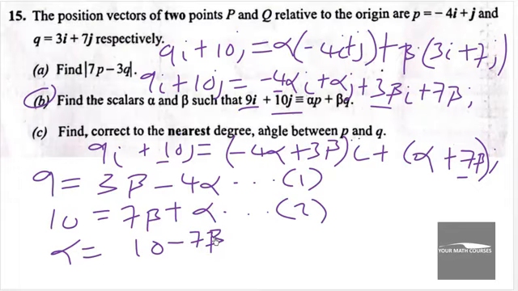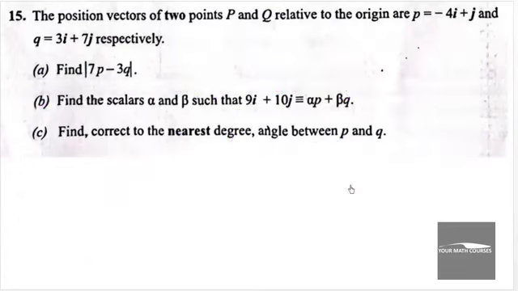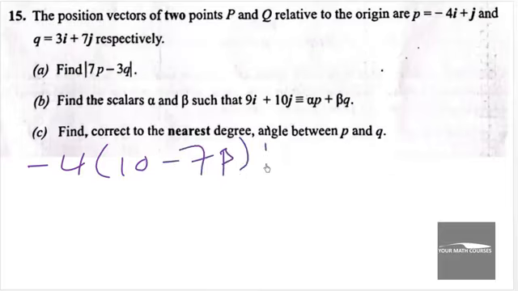So we can put this into the first equation, and that will give us negative 4 into bracket 10 minus 7 beta plus 3 beta is equal to 9.